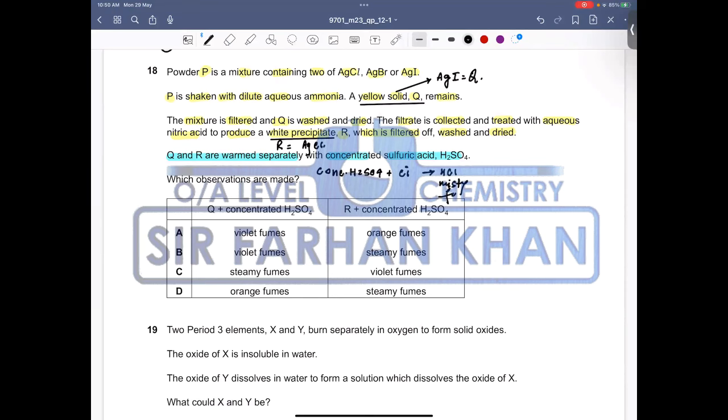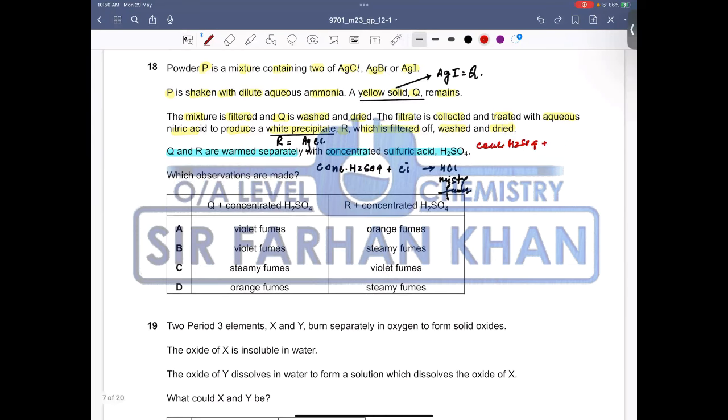On the other hand, if concentrated sulfuric acid is reacting with iodide in silver iodide, it will oxidize it into iodine. And if you get iodine, obviously it has a purple, violet color.